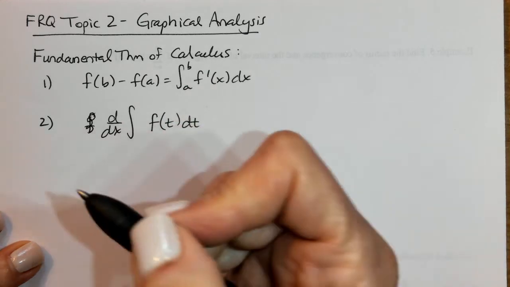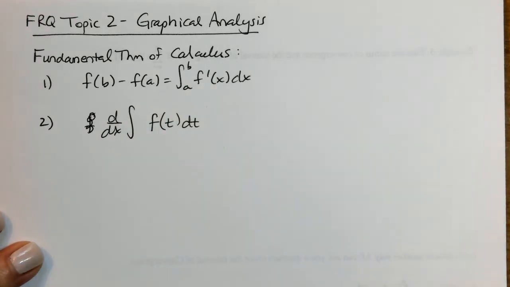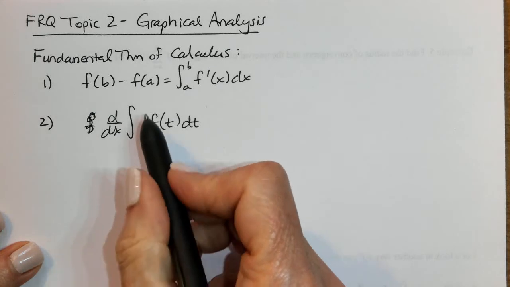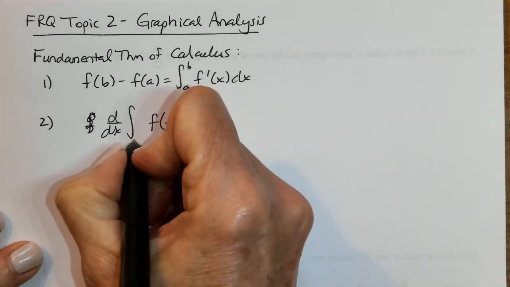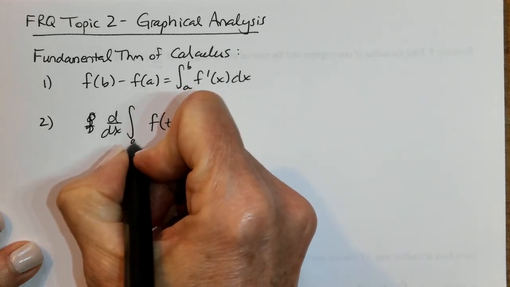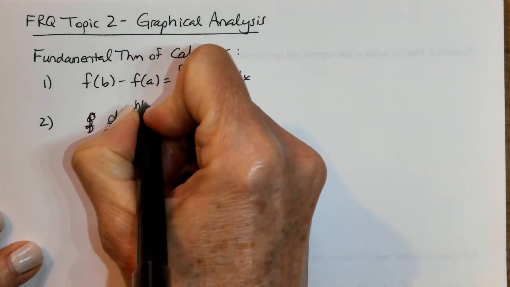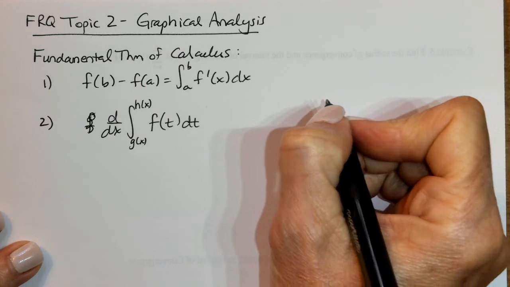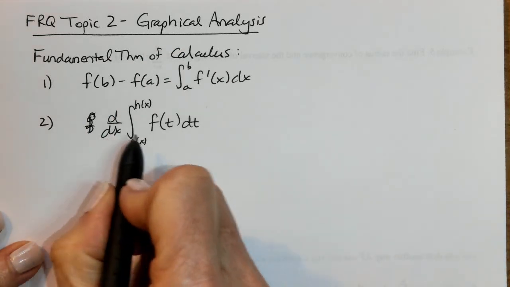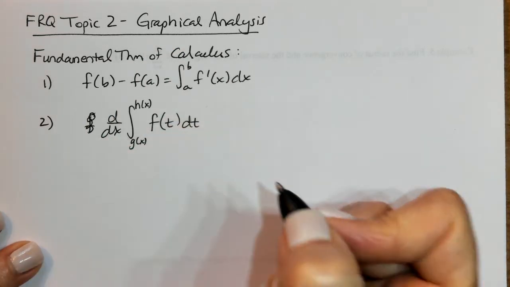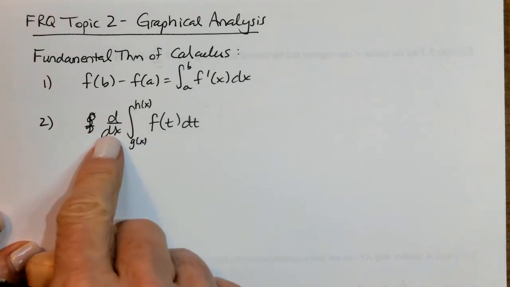And I'm going to begin with the most broad version of this theorem, where the lower boundary is some function of x, and the upper boundary is some function of x. If you're taking the derivative of this integral, I think to myself, it kind of cancels out.